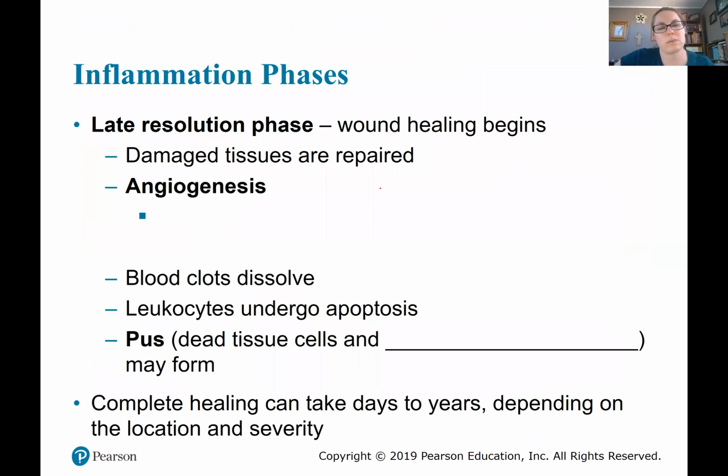The late stage of resolution, or late part of step 3, is when wound healing really starts to get geared up. The tissues are going to be repaired. There's what's called angiogenesis, and this is the formation of new blood vessels.